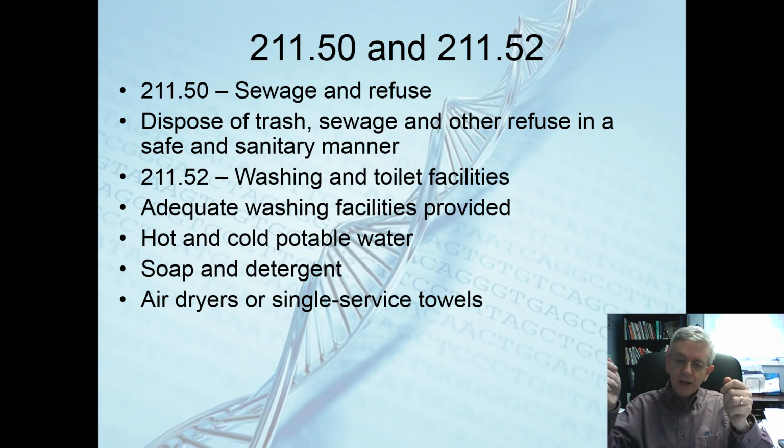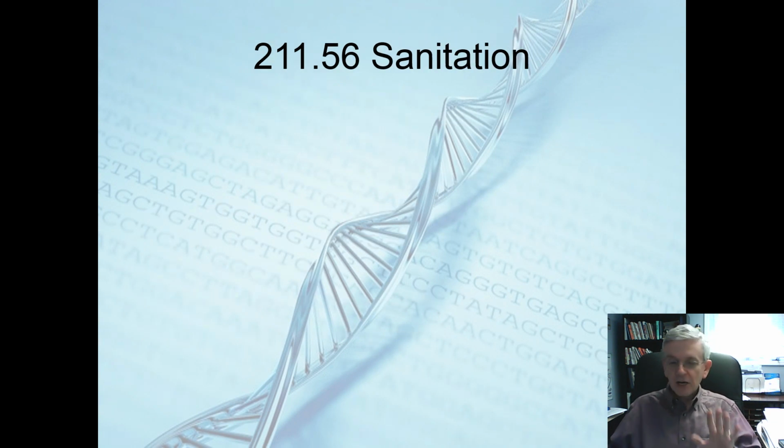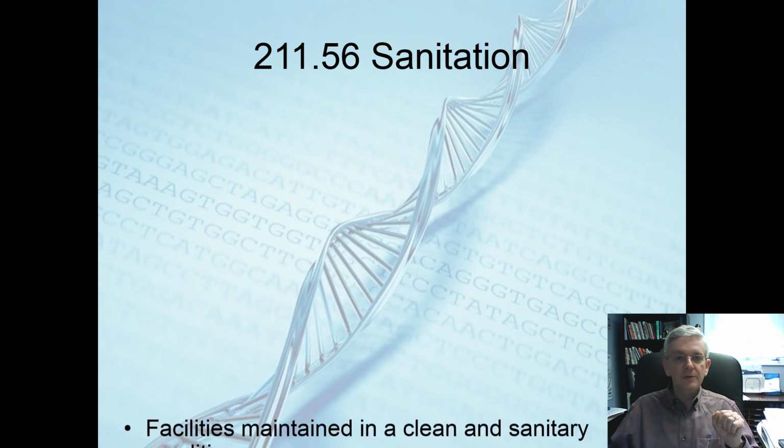You want to have those single use towels there, and you dry your hands, you throw that away. And easy access to the working areas from the bathroom, and that way people are able to get back and forth between those areas.